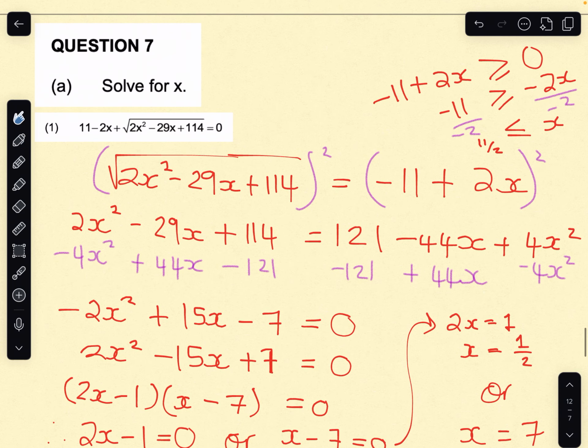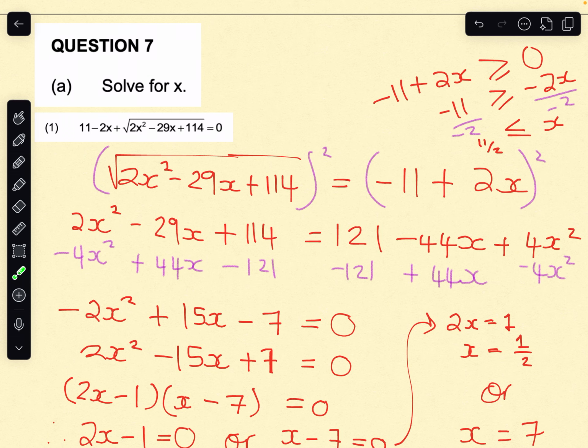From our solutions, we have an x that is equal to half, so that isn't greater than 11 over 2, so I can already tell you that that solution is not going to work. And then we have another possibility of x being 7, and 7 is greater than 11 over 2, which is 5.5. So that solution is going to work.